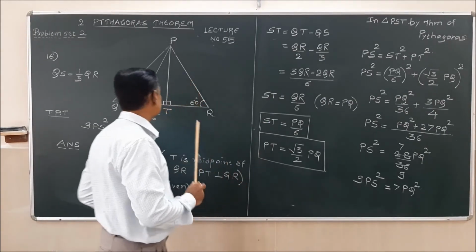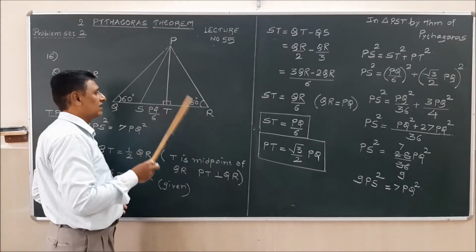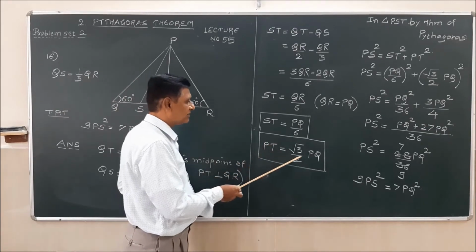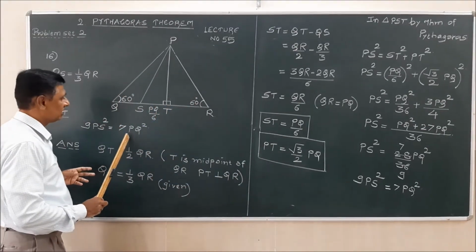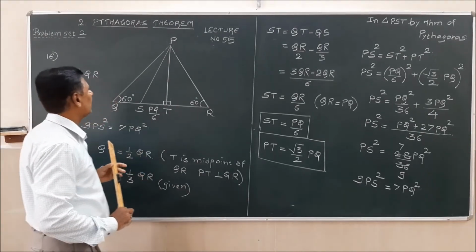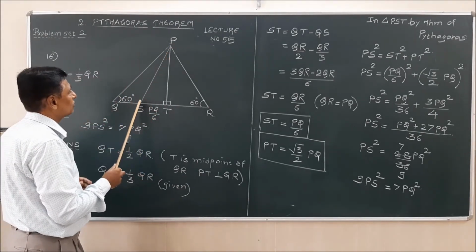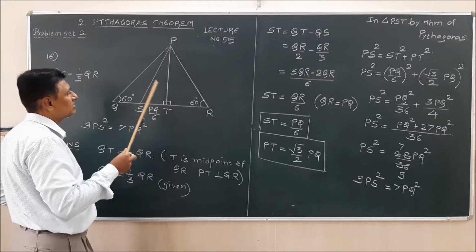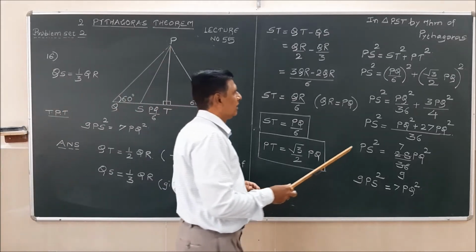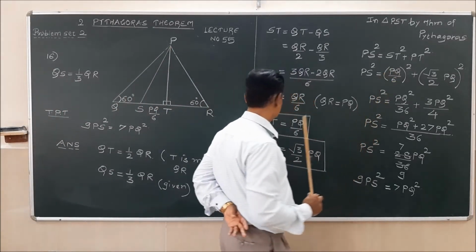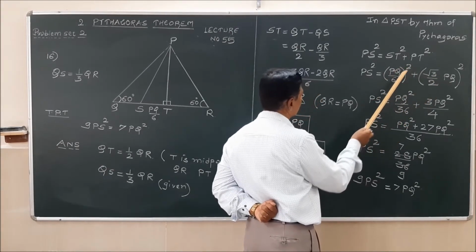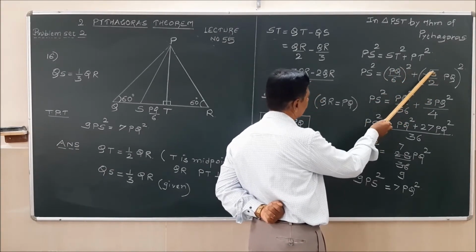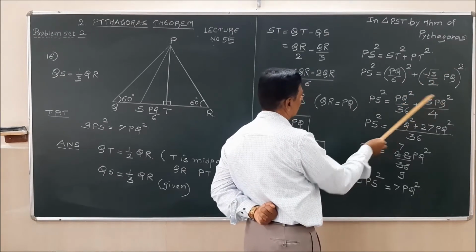PT is height of an equilateral triangle, root 3 upon 2 times side. I have taken again PQ because final result in terms of PQ. Applying theorem of Pythagoras, PS square is equal to ST square plus PT square. ST is PQ upon 6 plus PT is root 3 upon 2 PQ. Square, PQ square upon 36 plus 3 upon 4 PQ square.